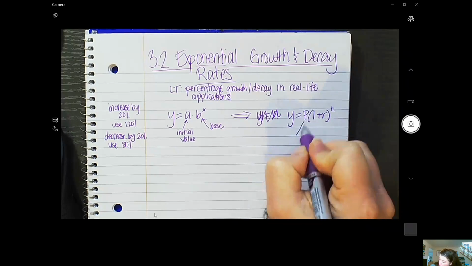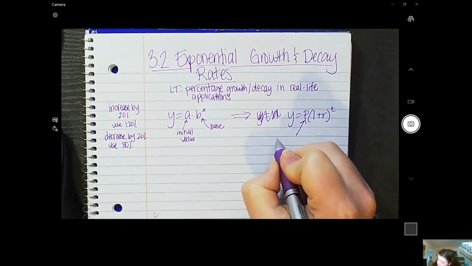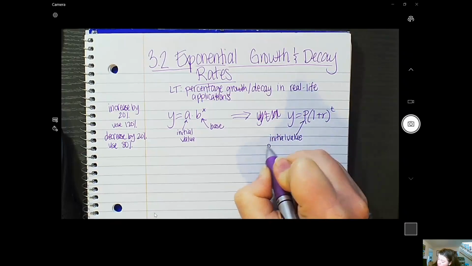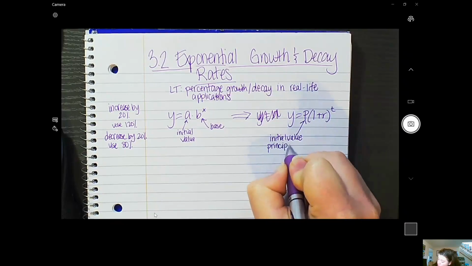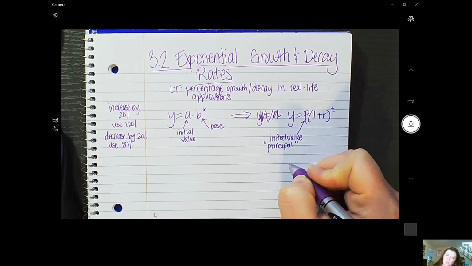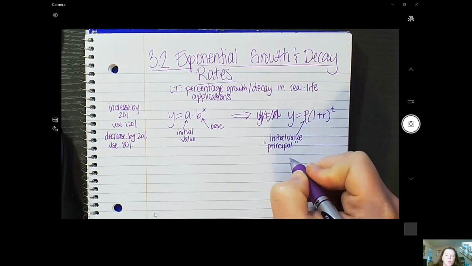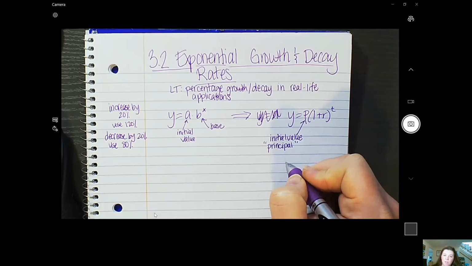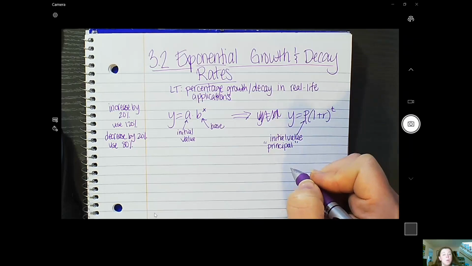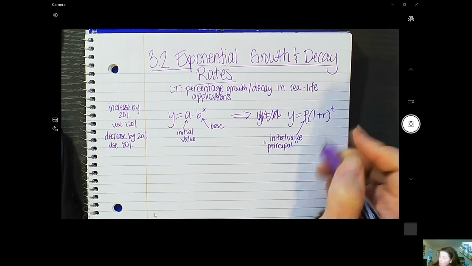So right here, instead of having an a, it's still the initial value, but we use a P because P stands for principal. And principal has a few different meanings, right? We're not talking about Mr. Smith. We're talking about the starting amount, and that usually correlates with when we're talking about money. So the principal amount is that first amount that you deposit.